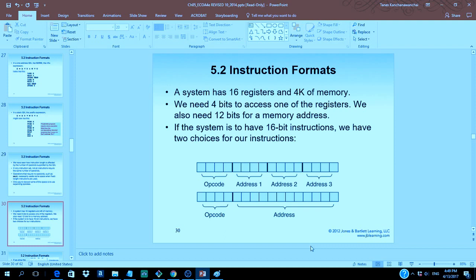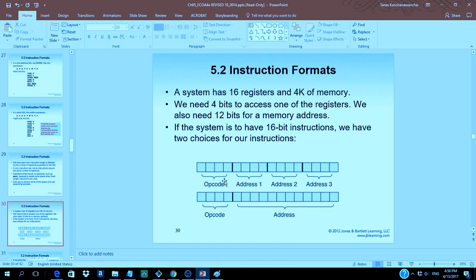If the system is to have 16-bit instructions, we have 2 choices for our instructions. So this happens to be a 16-bit instruction, right? 12 bits for address and 4 for opcode. So this is MARIE.